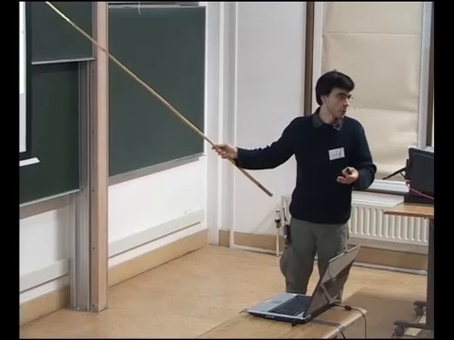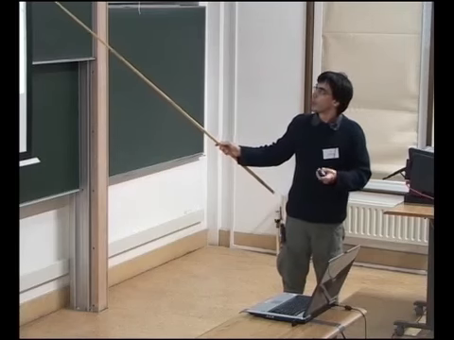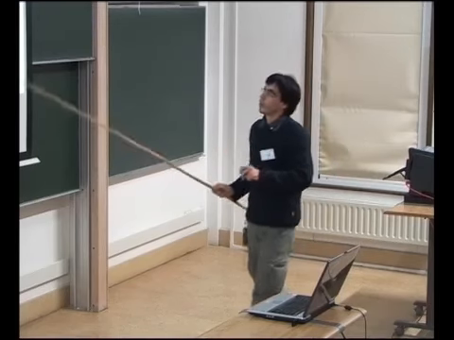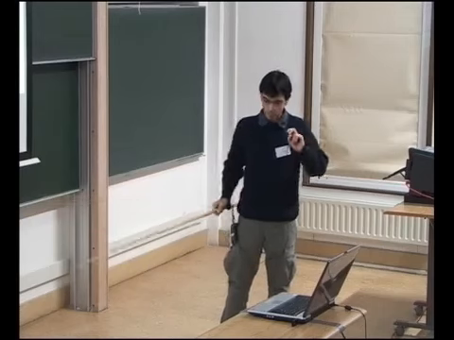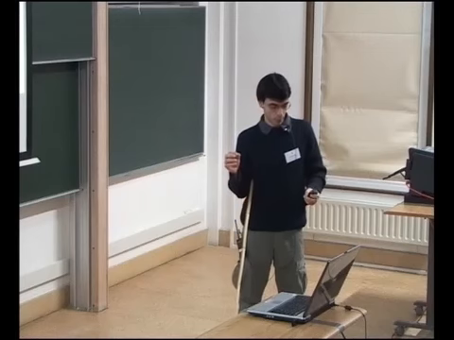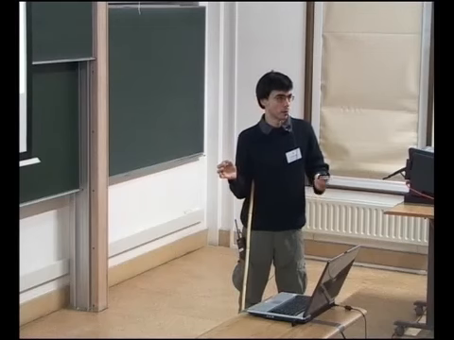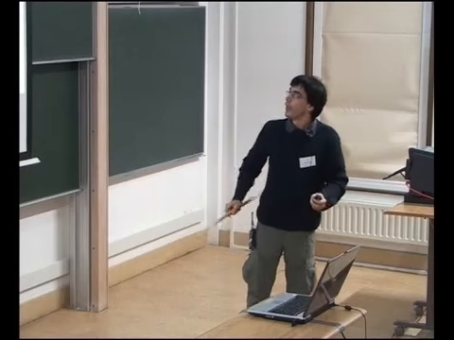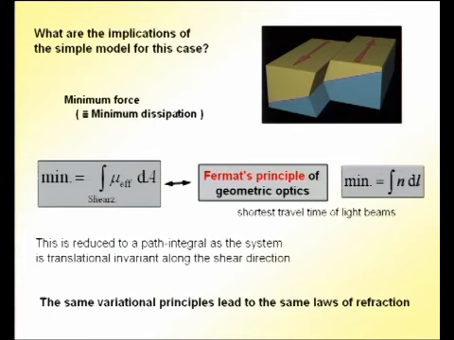So this is just a path integral, and then we can realize that it has exactly the same form as the Fermat principle in geometric optics. For Fermat principle, you can ask what is the path the light beam chooses between two points, between the source and the target. And this principle says that it is the path where this expression has its minimum.